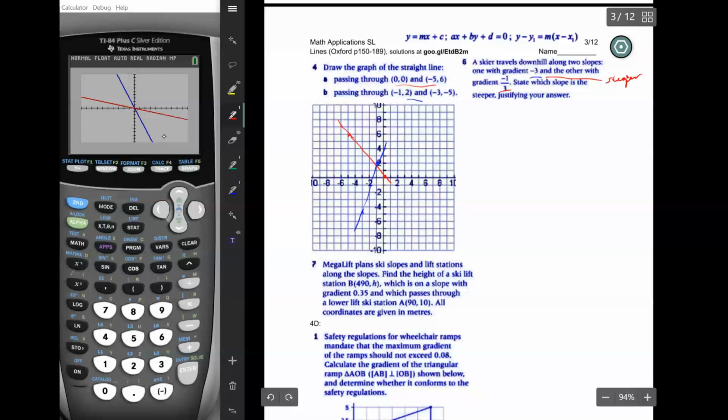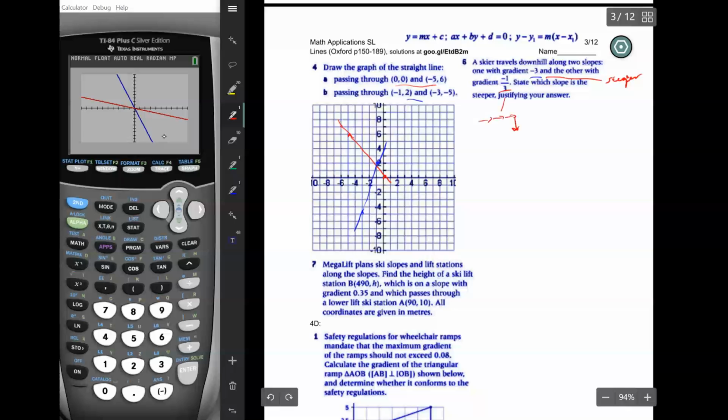And now how would we justify that answer? Maybe you could draw a little graph here. But what you could do is show that -1/3 is a rise of down 1 with a run of over 3.